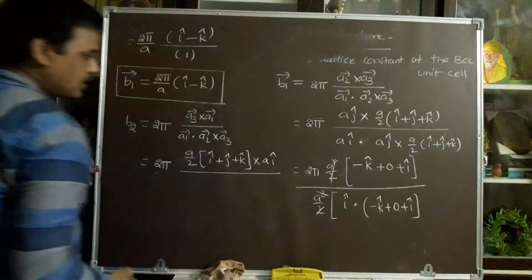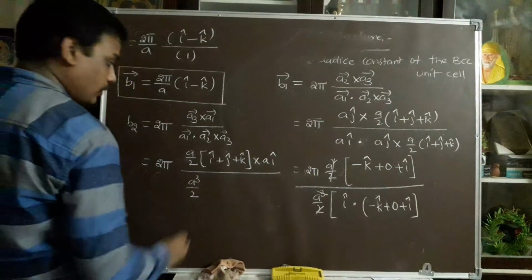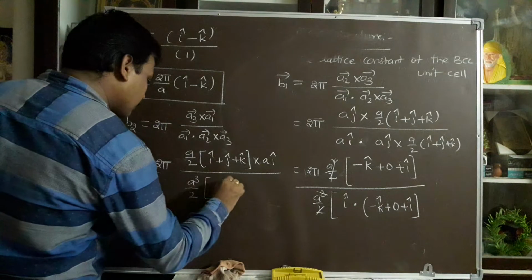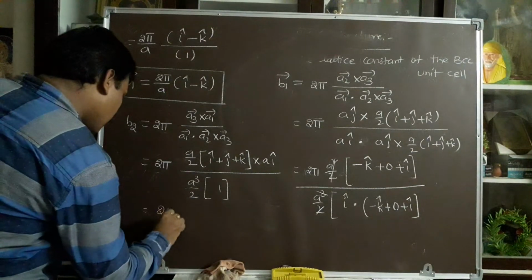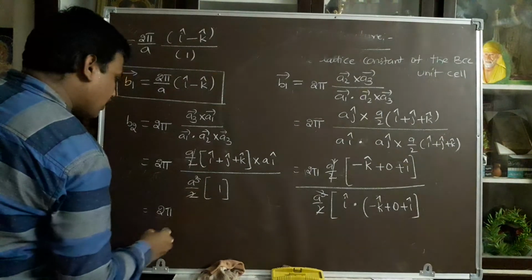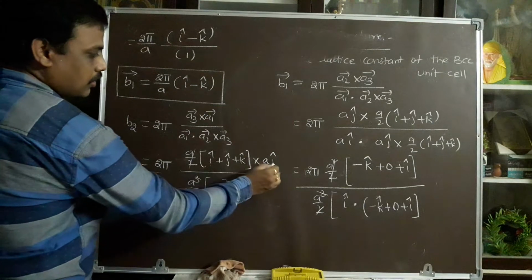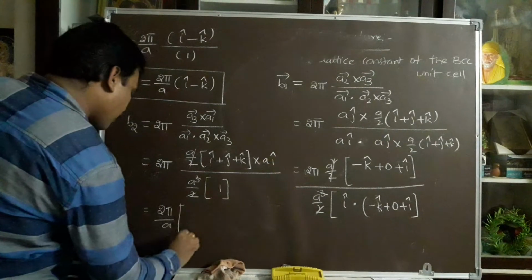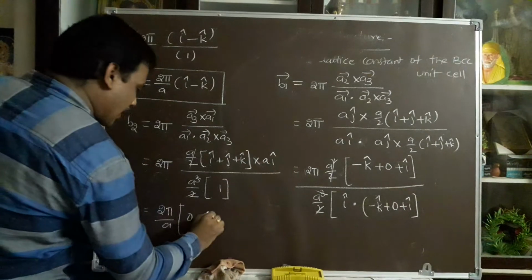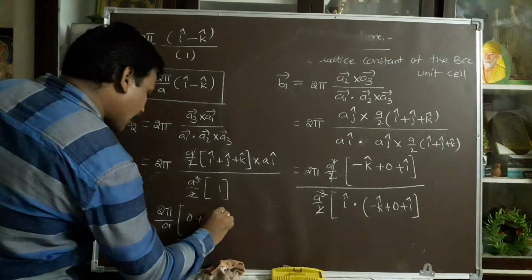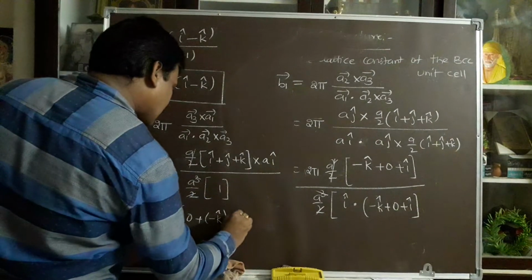Finally you get the denominator a cube by 2 into 1. In the cross product, 2 pi into a square by 2 gets cancelled, leaving 2 pi by a into i bar cross i bar 0, j bar cross i bar minus k cap, k bar cross i bar plus j cap.